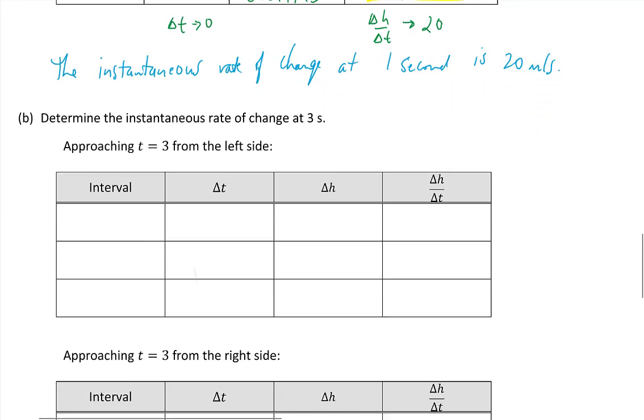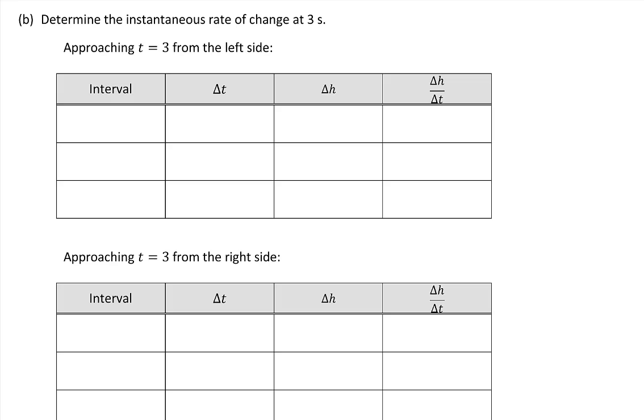So we're going to do this one more time. Let's find the instantaneous rate of change at 3 seconds. So starting from the left side, we'll start with 2.9, just a tenth below 3. And then we'll go to 2.99 and 2.999.